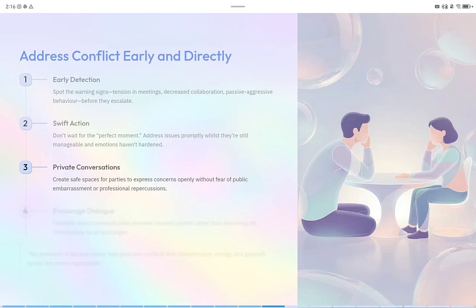Have private conversations. Create safe spaces for parties to express concerns openly without fear of public embarrassment or professional repercussions. So create a safe space for everyone. Encourage a dialogue. Facilitate direct communication between involved parties rather than becoming the intermediary for all exchanges. So, what does that mean?